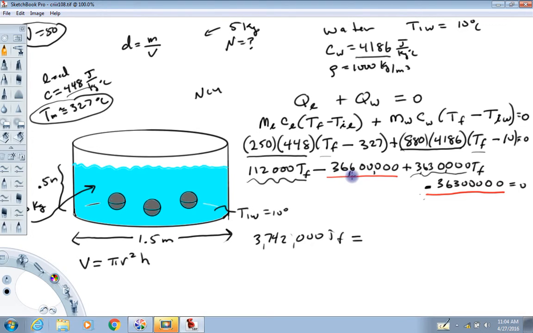This was 36,600,000 and this was 36,300,000. That's going to add to 72,900,000. Would somebody now please solve for T final by taking the 72,900,000 and dividing by the 3,742,000?